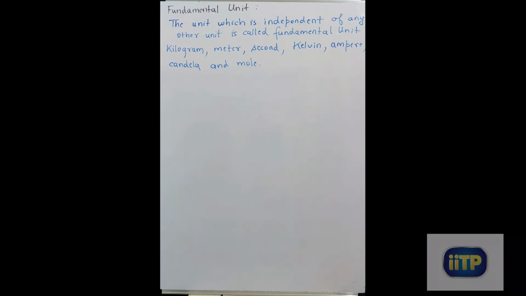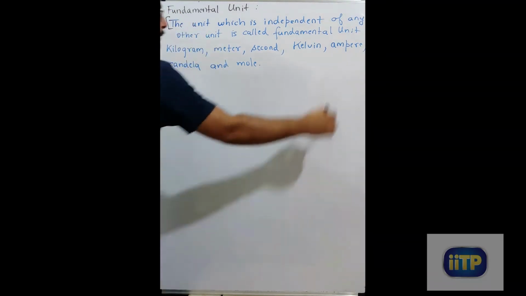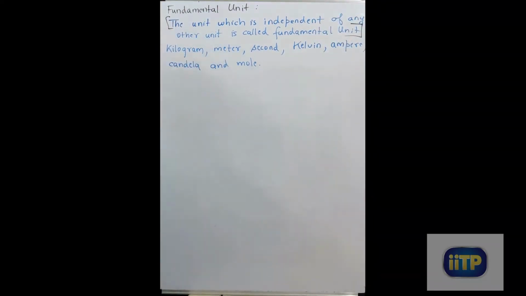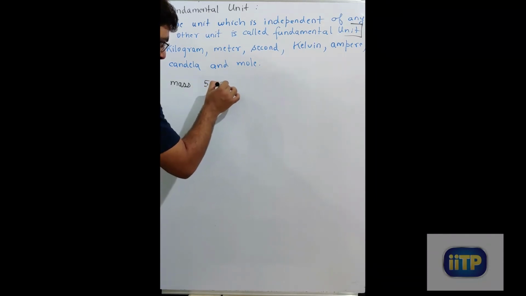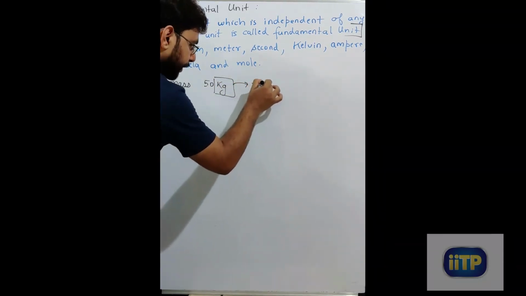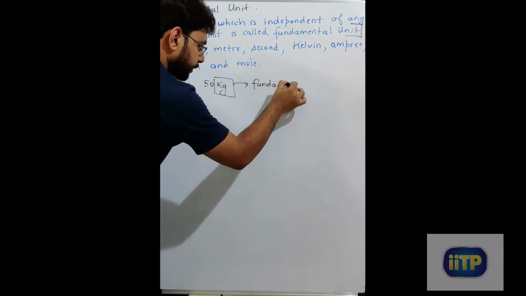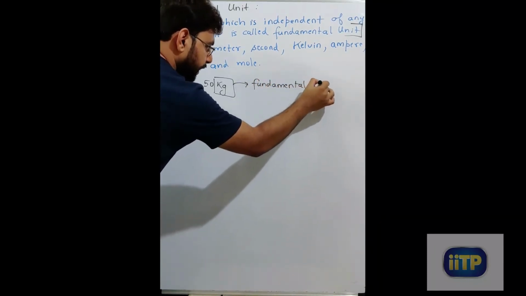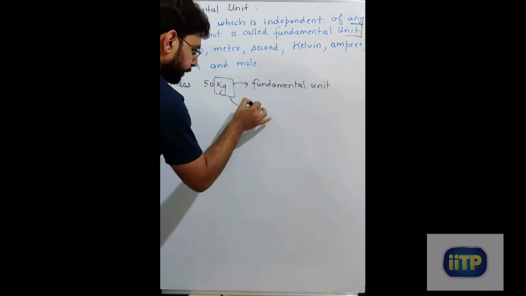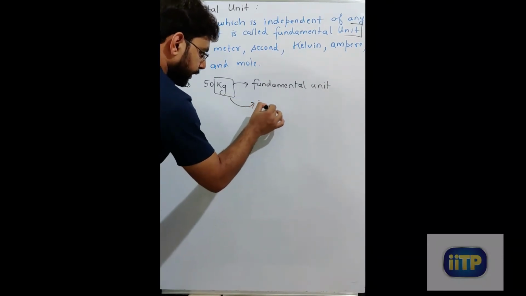Fundamental unit. The unit which is independent of any other unit is called a fundamental unit, right? So which unit is independent of any other unit? Let's take mass. Suppose the mass of a person is 50 kilograms. Now this kilogram is called a fundamental unit, because it is independent of any other unit.